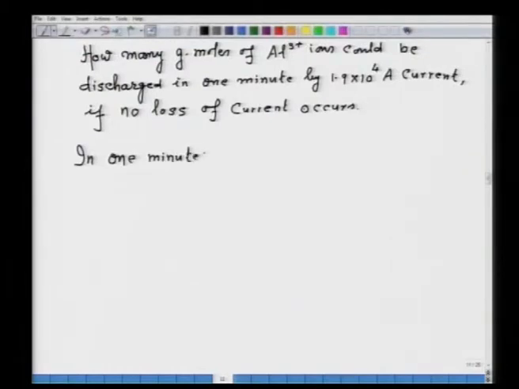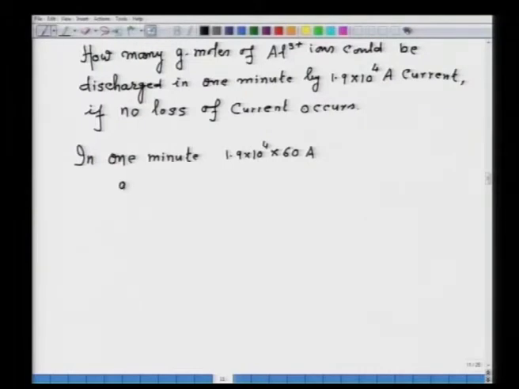So, now let us calculate, say, in 1 minute, how much current will flow? The current will flow 1.9 into 10 to the power 4 into 60 amperes. That much current will flow.